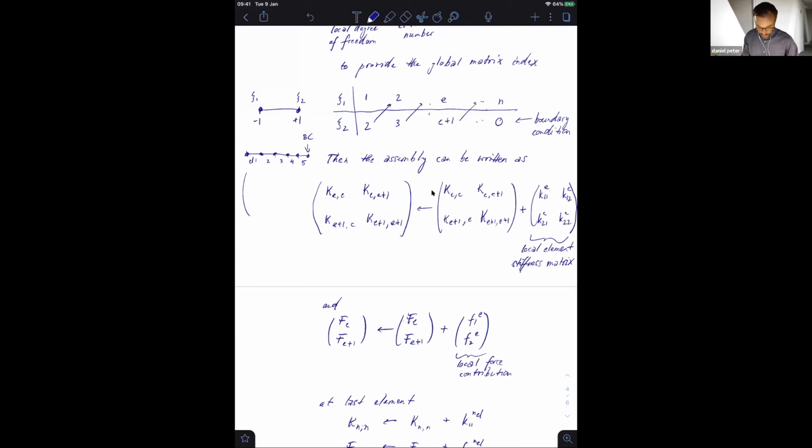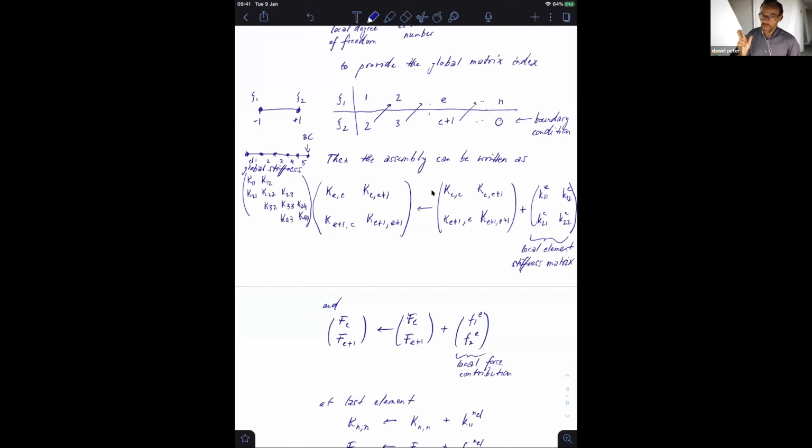And so then the global matrix would look like K11, K12, K22, K21, K23, K33, and K4. So that would be the global stiffness matrix.